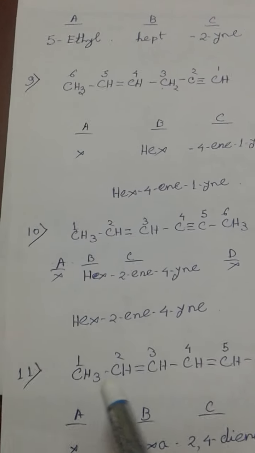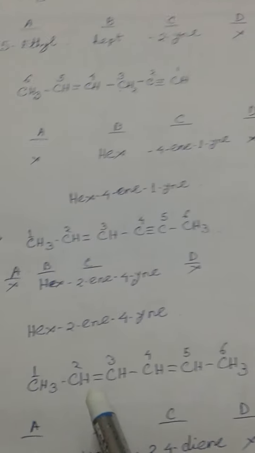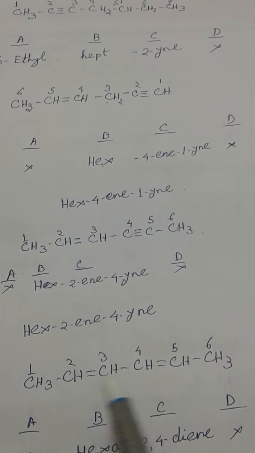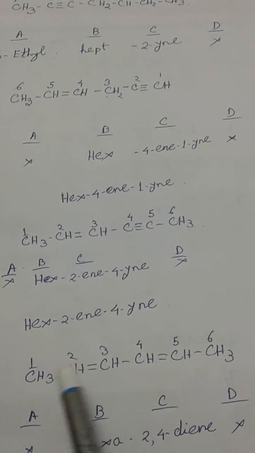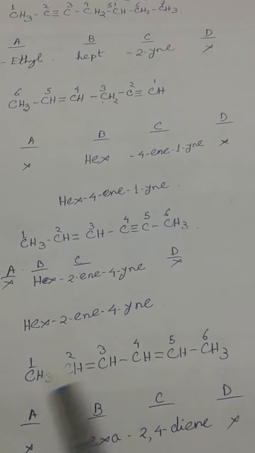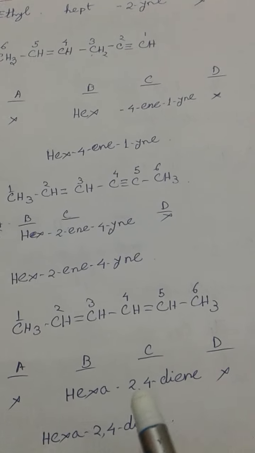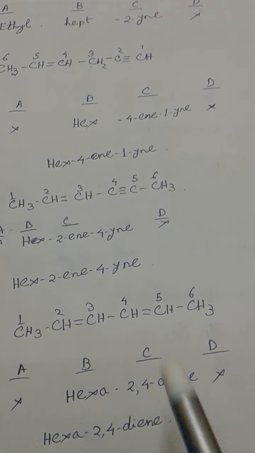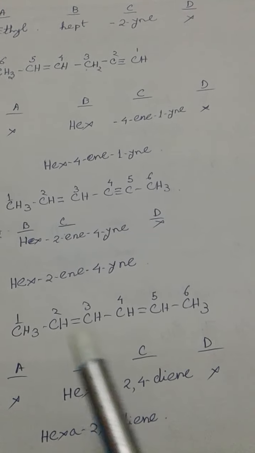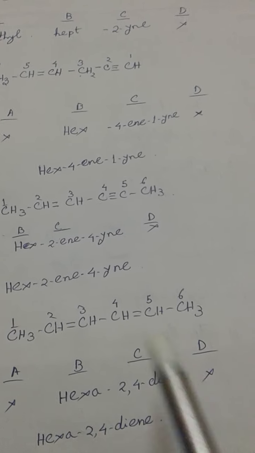And then another example here. Here 2 double bonds are present, so 1 2 3 4 5 6 are the locants, and the double bonds get locants 2 and 4, so hex-2,4-di-ene, because 2 double bonds are present, so di.